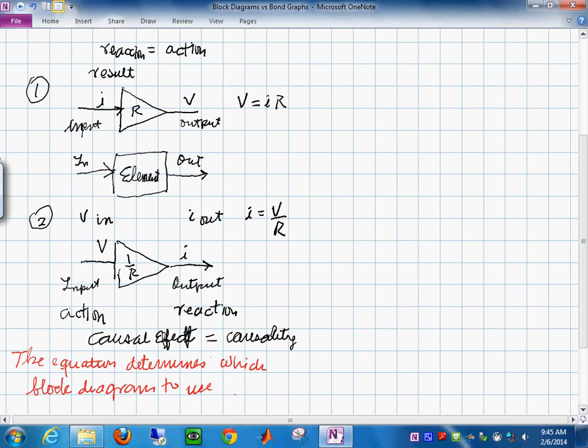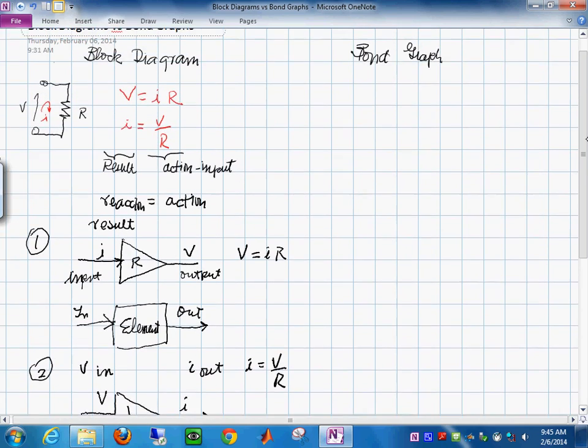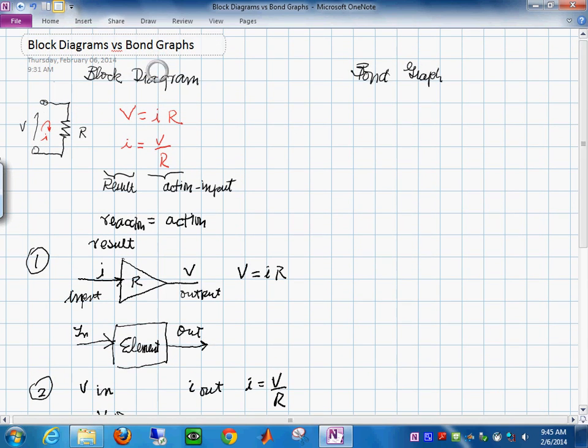And I would say based on this concept of causality. And causality is the idea of determining which variable is the input and which variable is the output. Very good. Okay, this is as far as I want to go with a block diagram.